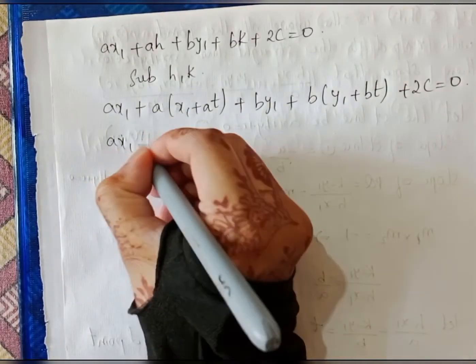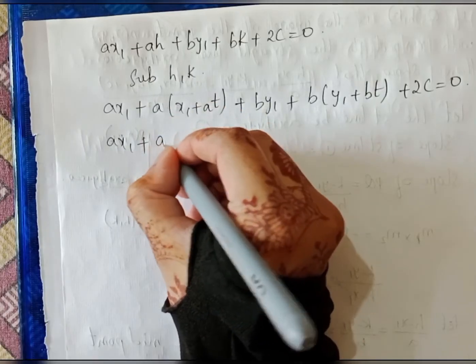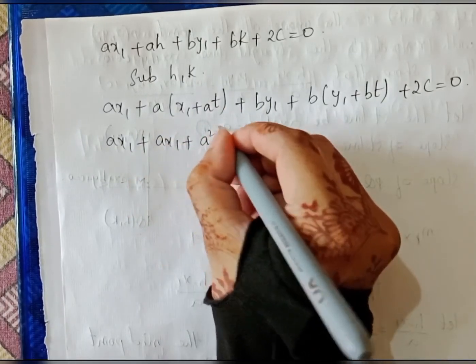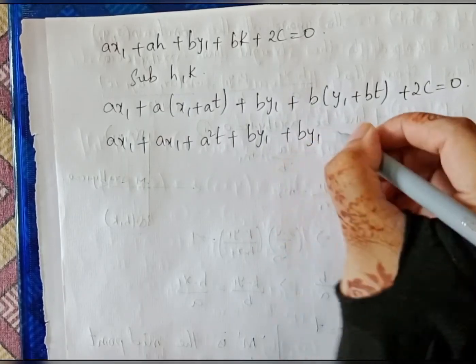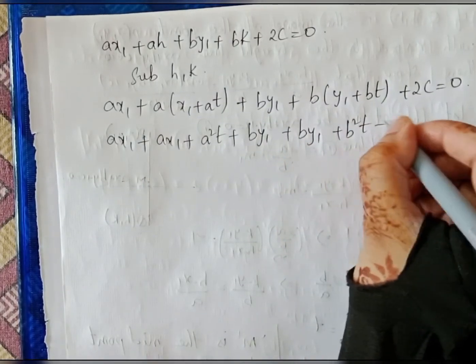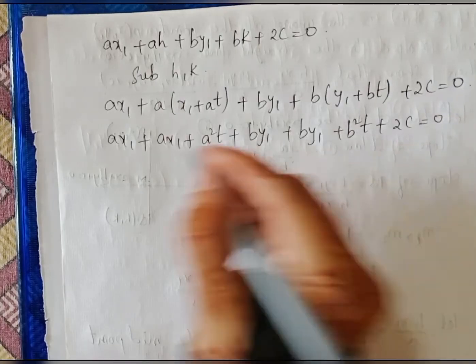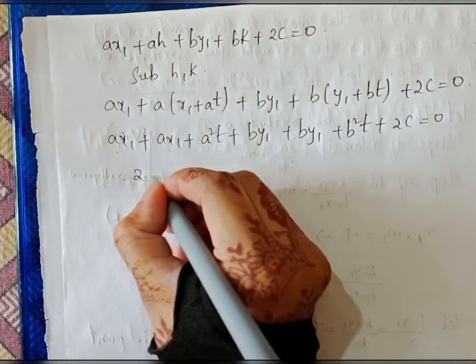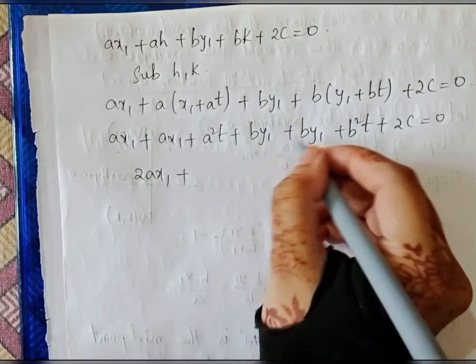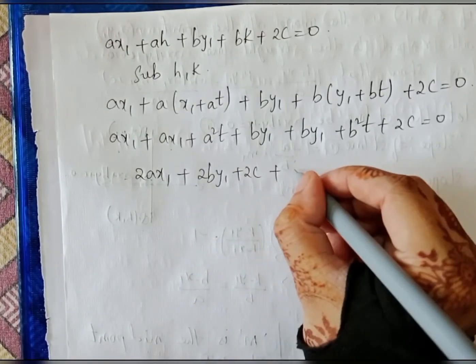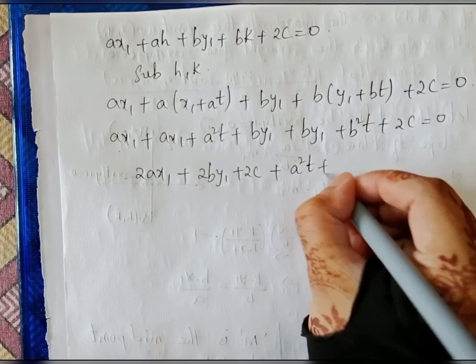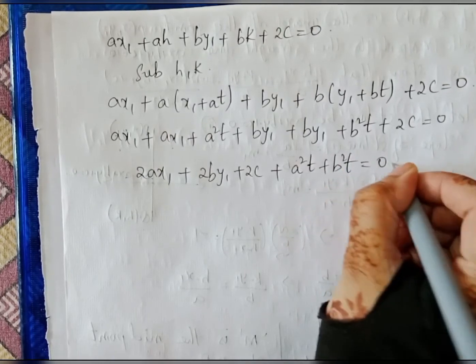Multiply a inside: ax1 plus a square t plus by1 plus by1 plus b square t plus 2c equals to 0. ax1 plus ax1 is 2ax1, plus 2by1 plus 2c, plus a square t plus b square t is equal to 0.